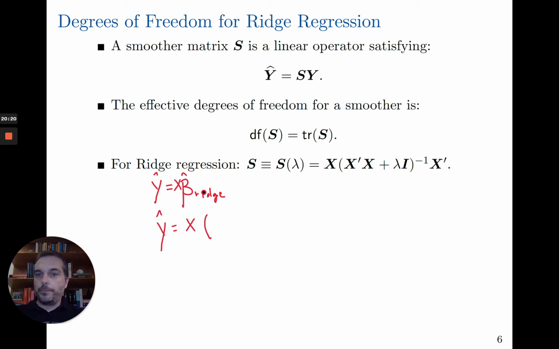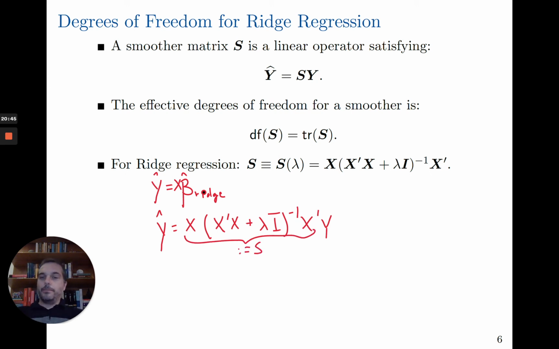Who is beta ridge? We have a closed formula for that, remember? (X prime X plus lambda I) inverse X prime y. So what we have here, we can define as our matrix S. So y hat equals S y, and this is our smoother.